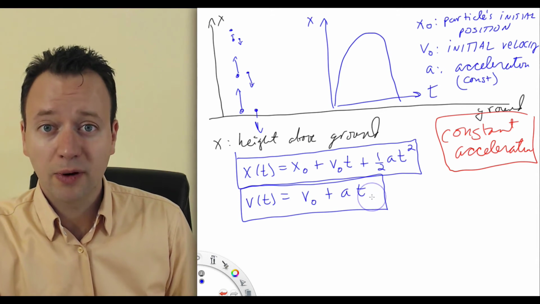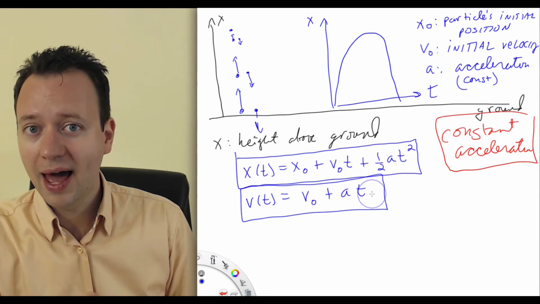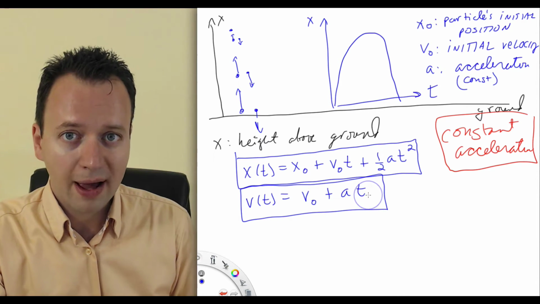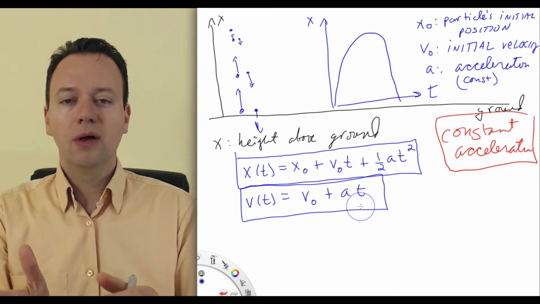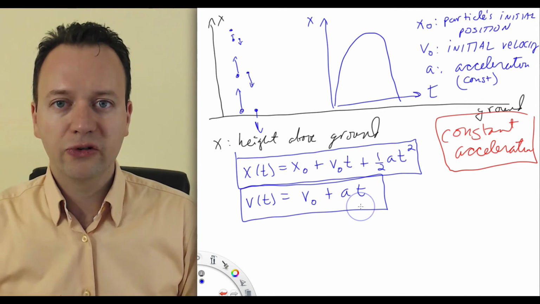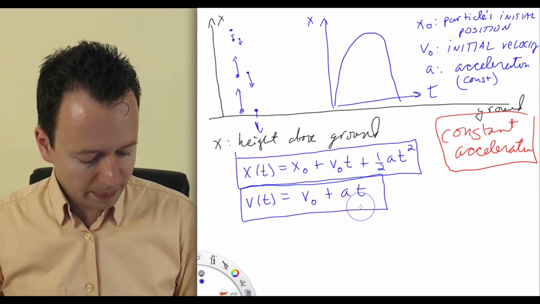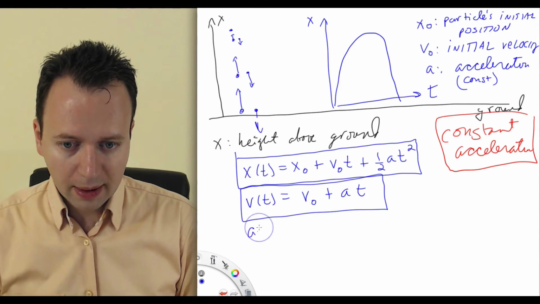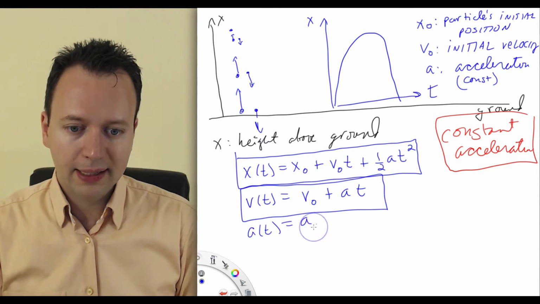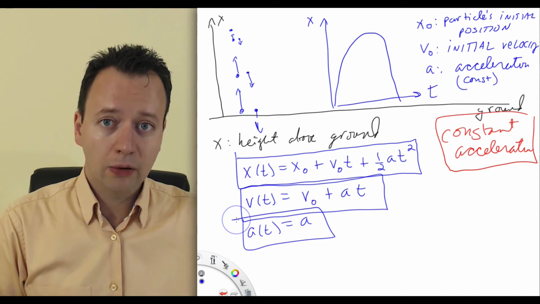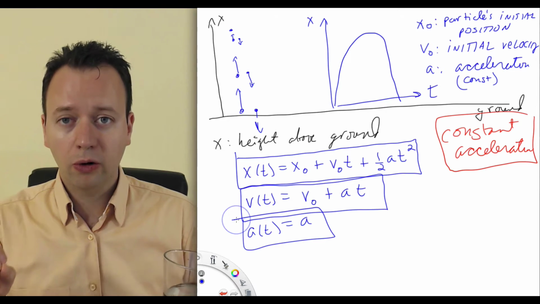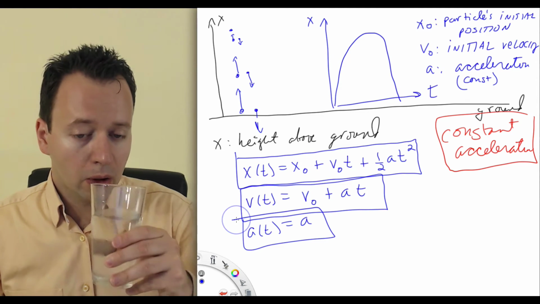After 2 seconds, 10. After 2.5 seconds, 12.5. After 5 seconds, 25. Every second, exactly 5 meters per second is added to the velocity. And then a of t is just the constant a. So these are the equations for constant acceleration of a particle moving along a one-dimensional line.